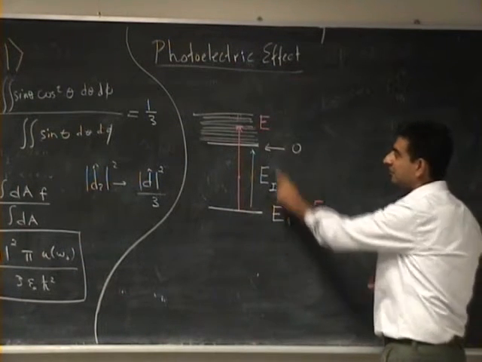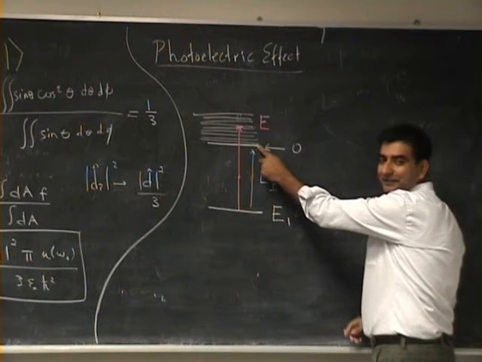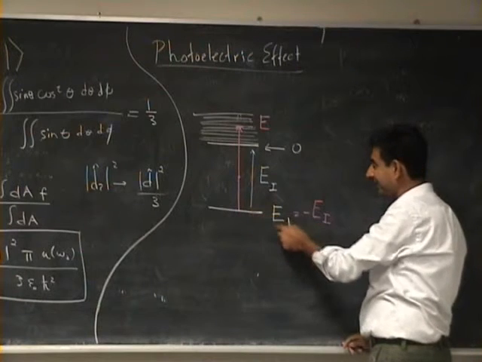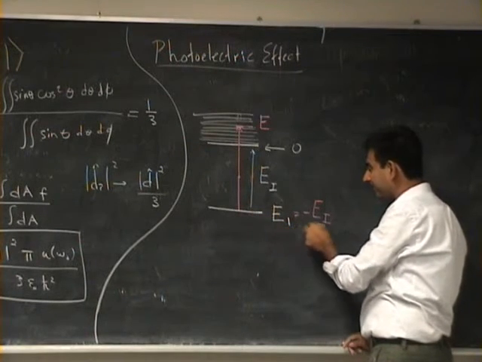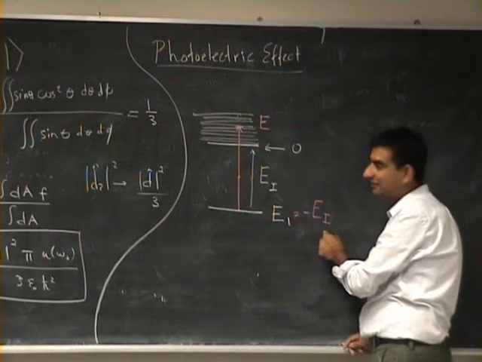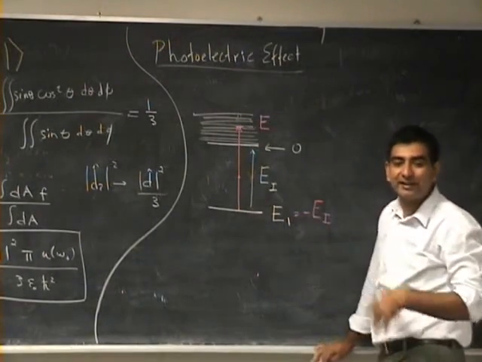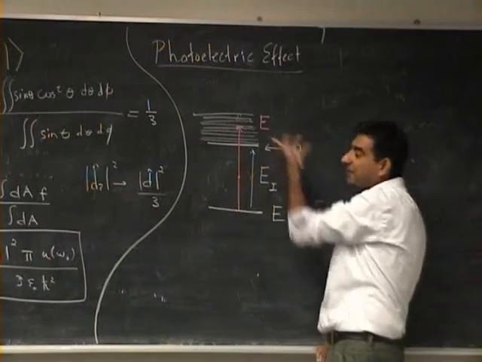So this is 0, the vacuum level when the electron has become free from the atom. This inner level is E1, which is minus the ionization energy. And the energy of the emitted electron, the photoelectron that has been ejected from the metal, is capital E.